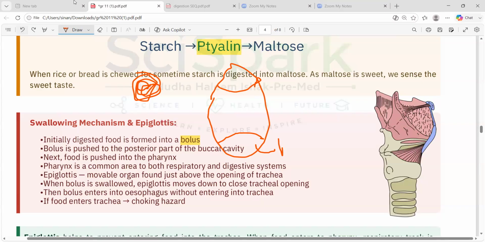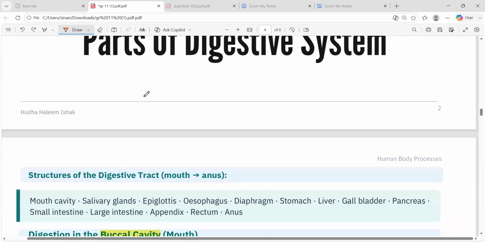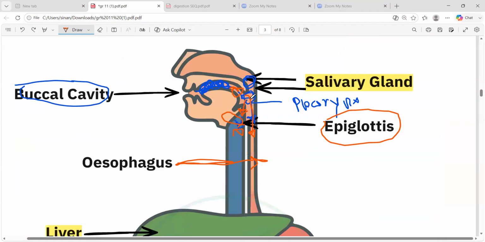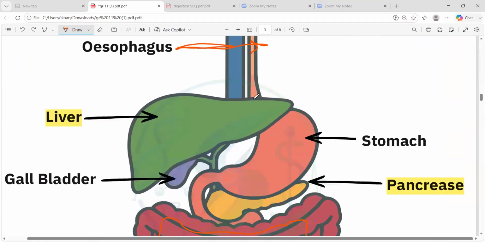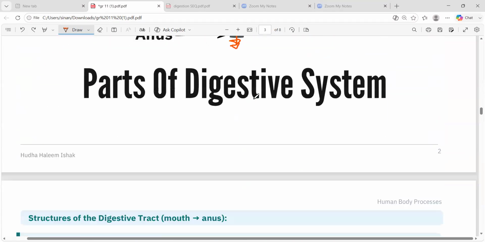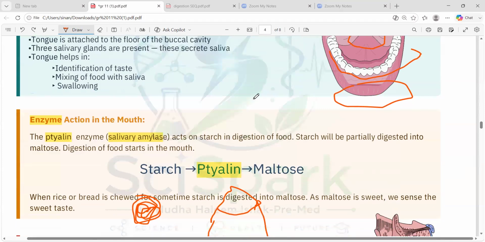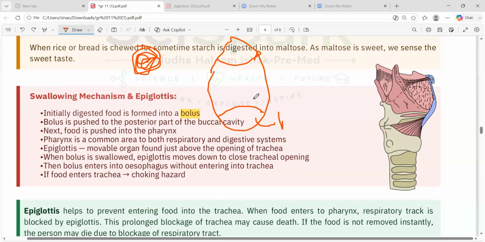And then what happens now? As we studied earlier in the system, after the food has entered the pharynx, it will be entering into the esophagus. Who is preventing the food from entering into the respiratory tract? Which part is preventing that?